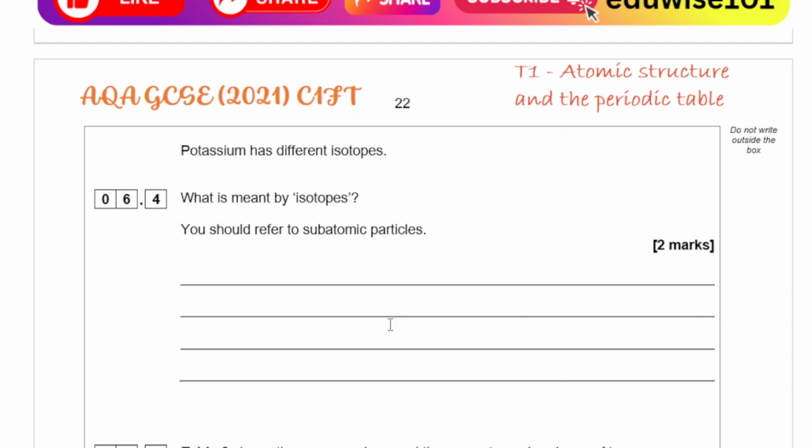Potassium has different isotopes. What is meant by an isotope? We should refer to the subatomic particles, right?